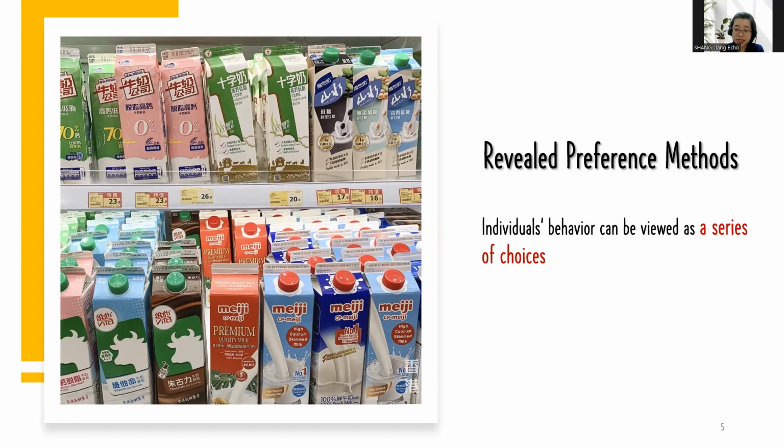The basic idea behind the revealed preference method is that an individual's behavior can be used to understand their preferences. In most cases, we will choose the option that provides us with the highest level of utility or satisfaction. So by looking into their choices among different options, we can understand individual preferences and make predictions about their future choices.